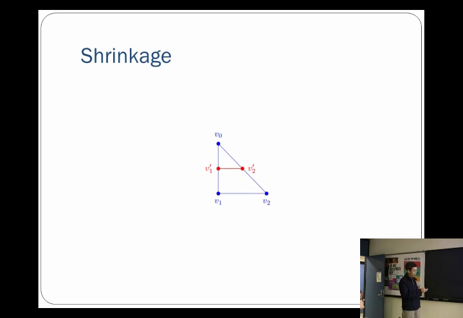Possibly this triangle is too big, so we shrink it to a smaller one. Hopefully, using this new simplex, we'll be able to move on to get a better approximation later.